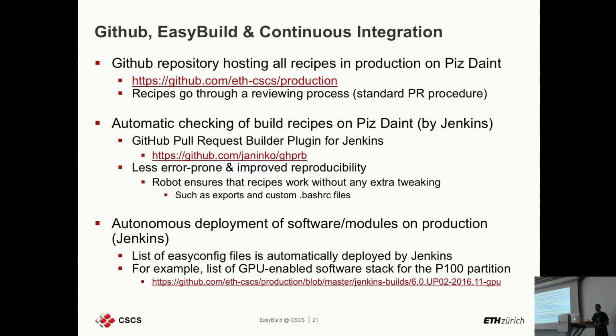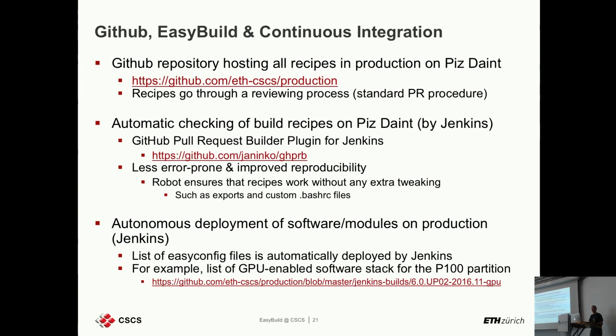We don't need to manually check, and it is also less error prone, because usually when people are testing things, they use their own shell, with custom bashrc files and exports, they play around, and then you have the very old "it works on my terminal, but not on yours." So Jenkins is a common ground for everyone. It needs to work with Jenkins.